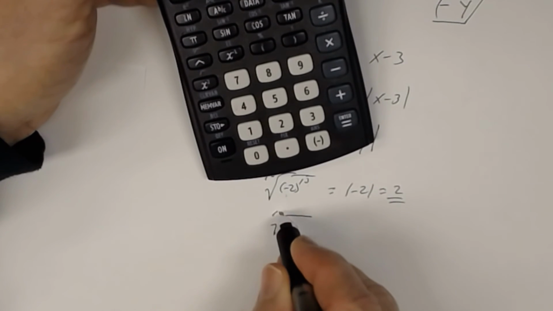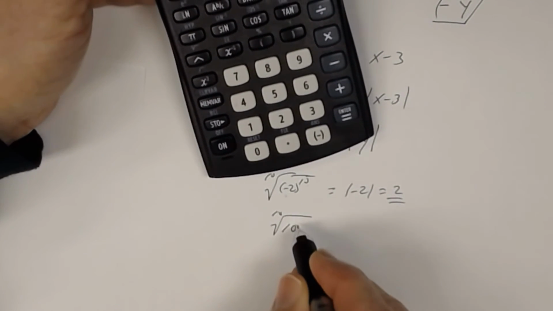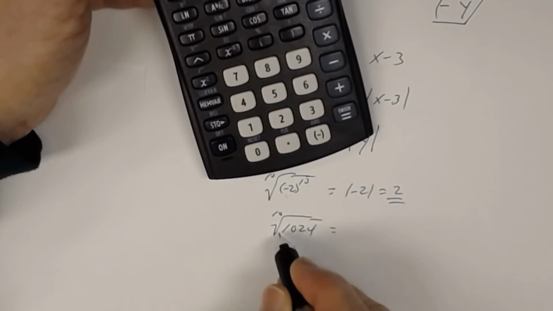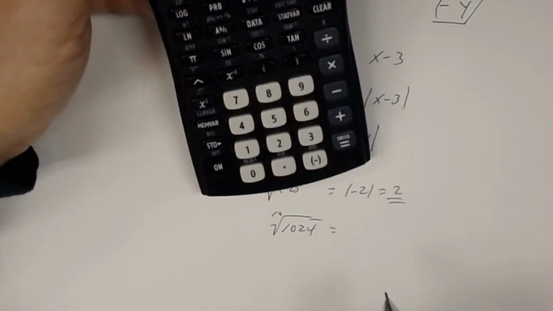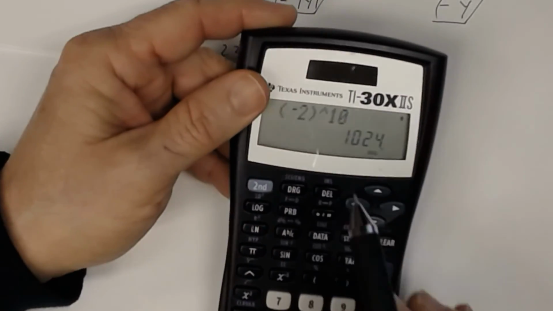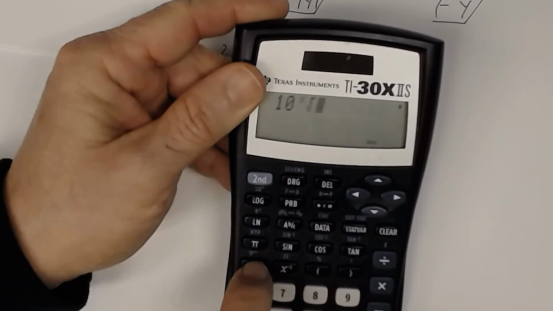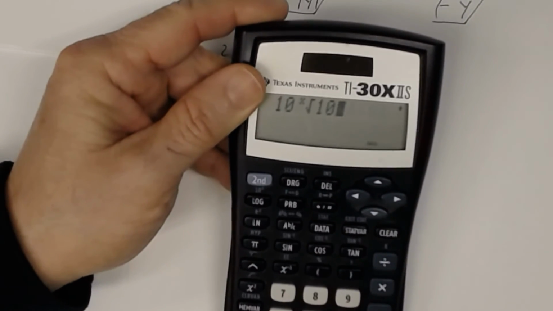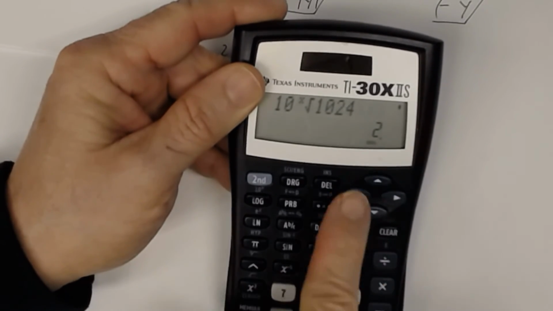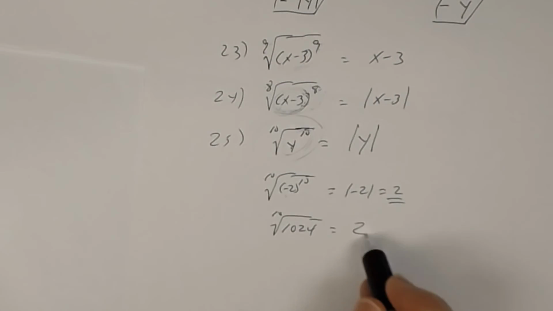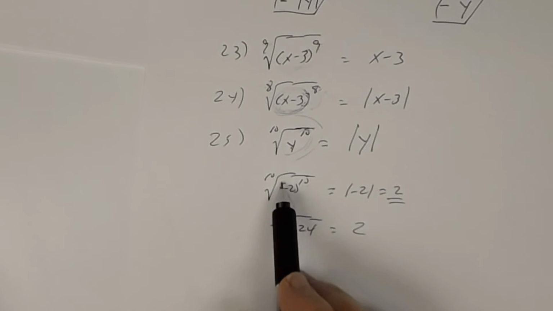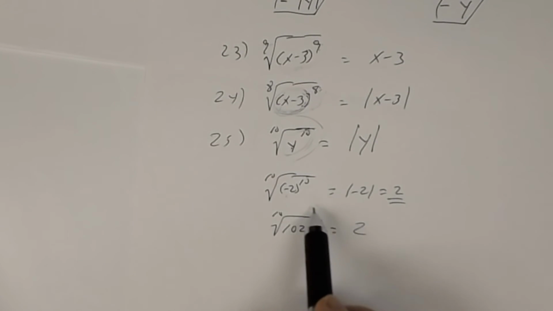And so if I take the 10th root of 1024, see, that's positive, right? So our answer has to be positive. But if you still want to check, then you would say 10, remember 10th root, then press this button here, and then 1024, press equal, and you get 2. So you know the answer has to be 2. So when it's even, you need to take the absolute value. Okay?